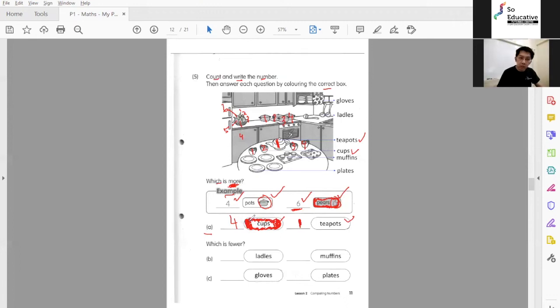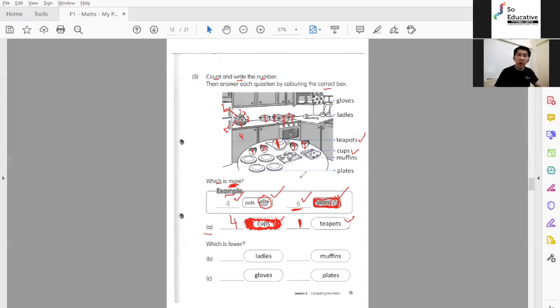Color of your choice. Choose a color and then start coloring that box nicely. Okay. I hope you're doing okay with the coloring there.